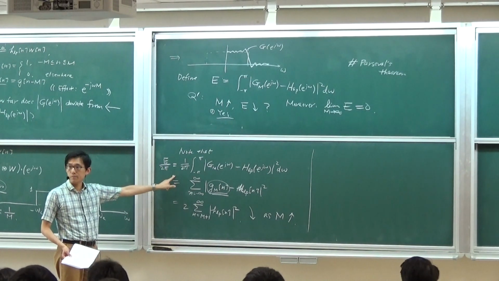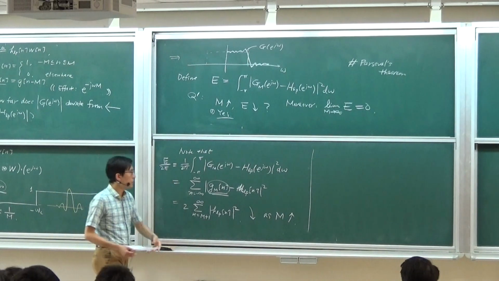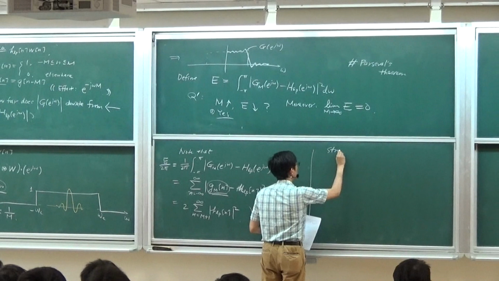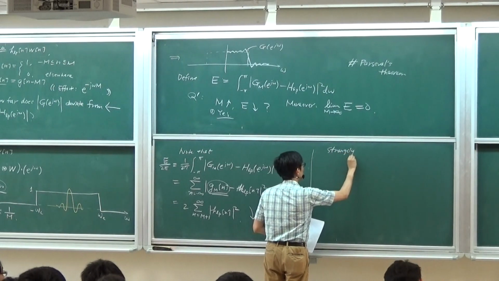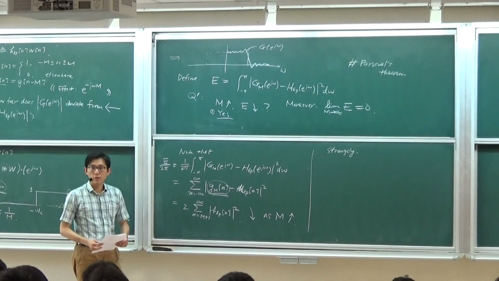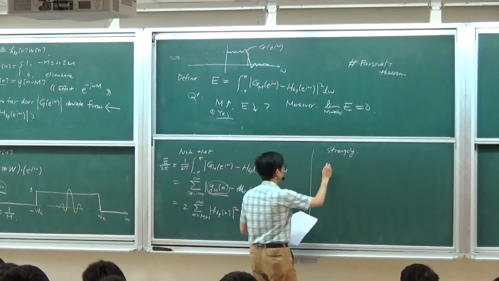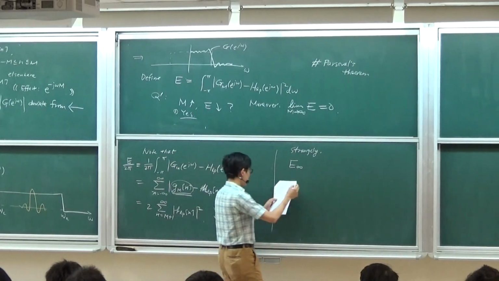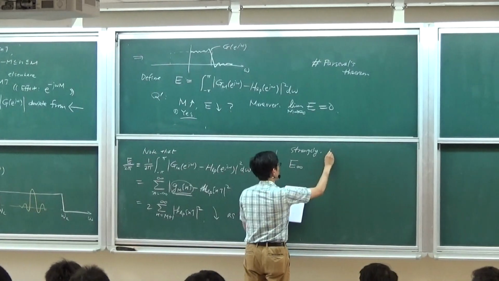But strangely, if we define our objective function differently, I'll denote this by E infinity, there's a reason.